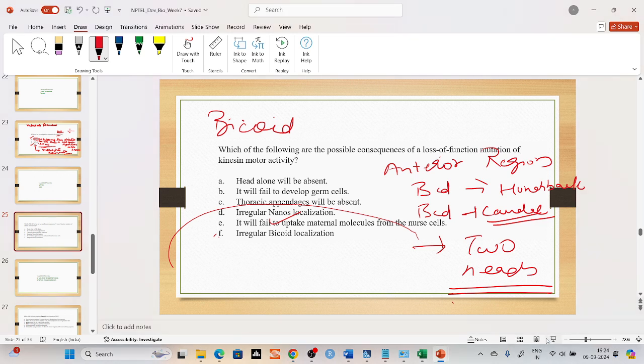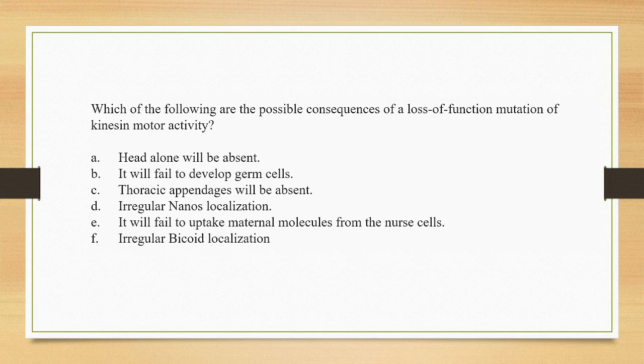The question here says, which of the following are the possible consequences of a loss of function mutation of kinesin motor activity? So now kinesin, what is the function of kinesin motors? Basically kinesin is involved in transporting molecules along the microtubules, including those which are necessary for anterior to posterior axis specification.